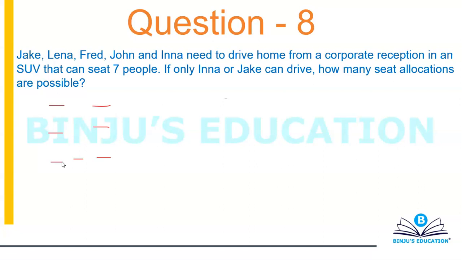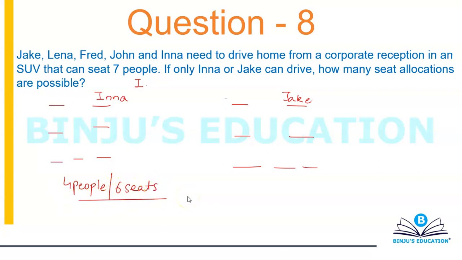Okay. So I'm going to take two separate cases so that it's easier for us to understand. Case number one is when Ina is driving, and case number two is when Jake is driving. Apart from Ina and Jake, if I take case number one, that is when Ina is driving, I'll be left with only 4 people, and I basically have 6 seats available.